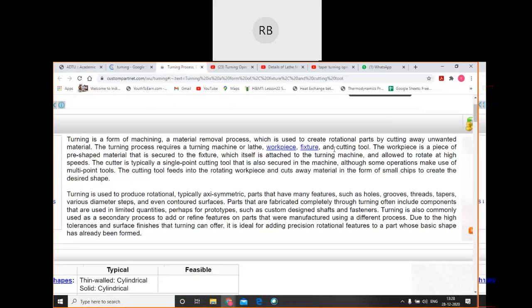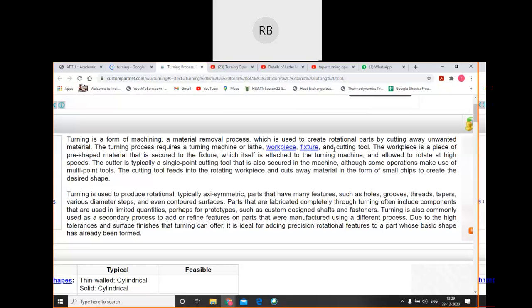Okay. This is a typical definition that I have given here of turning. So turning is a form of machining, a material removal process. I have already told you that, right?